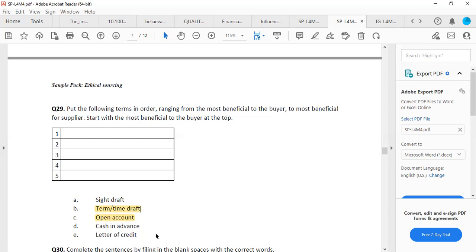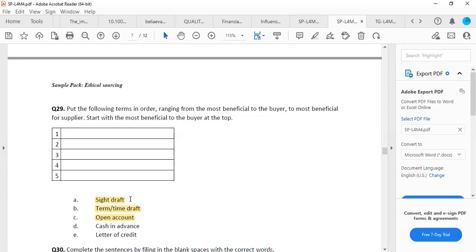Then the letter of credit. For the letter of credit, who gets his money first? The supplier gets his money first.